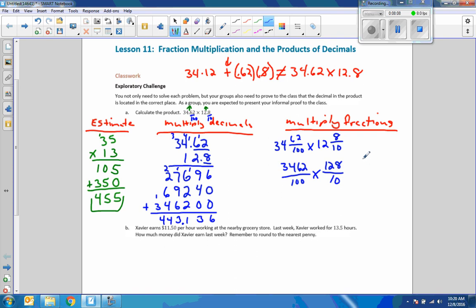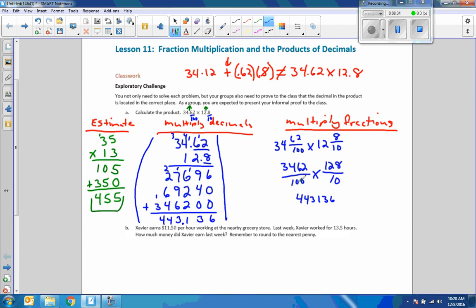Okay? So then I need to multiply 3462 times 128. And if you did this, I'm not going to do it over again, because if the multiplied decimal person has done it correctly, we should get the same answer. So that should be 443,136. Okay, 3462 times 128 with no decimals.